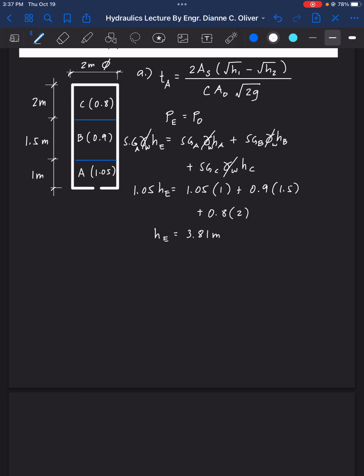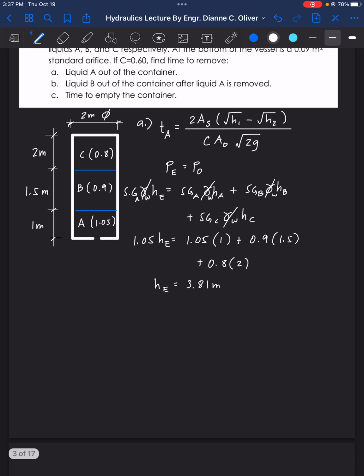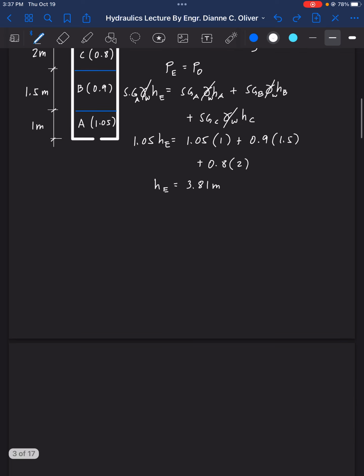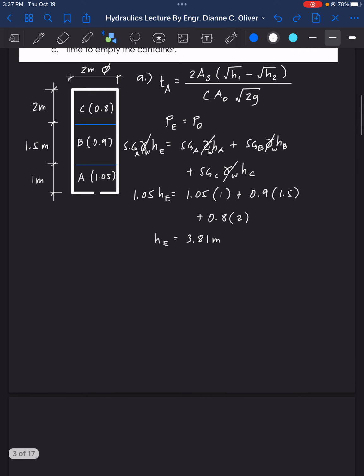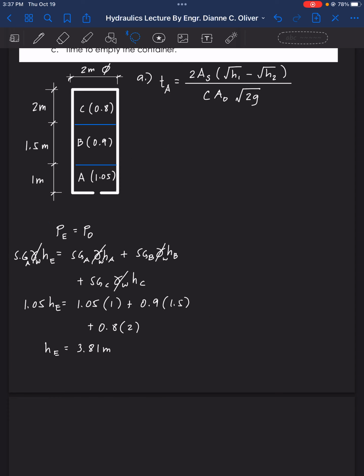Now, since we are to remove liquid A, it looks like this. We now have the total height here.